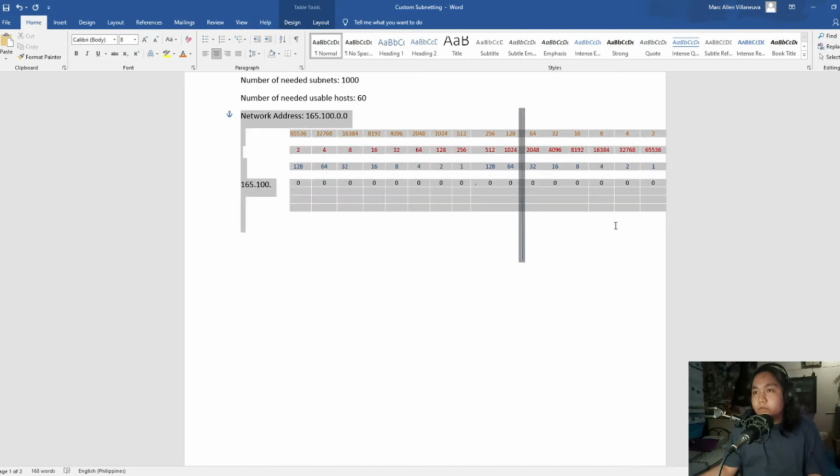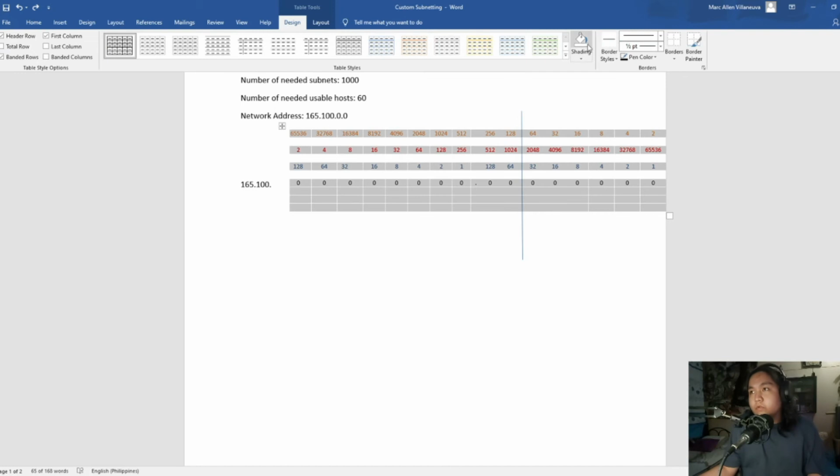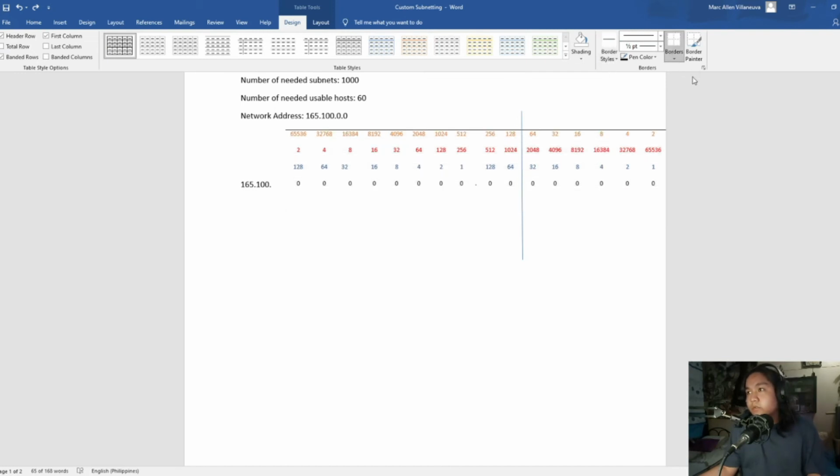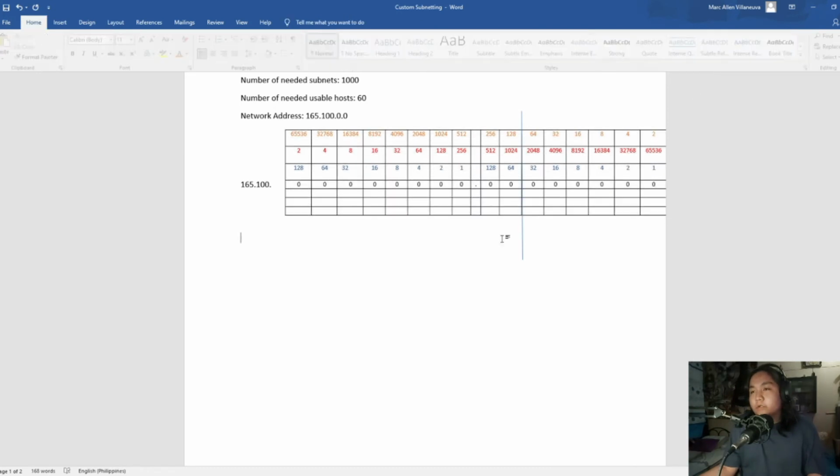Okay, let's just put some borders first, so you won't get confused. All borders.